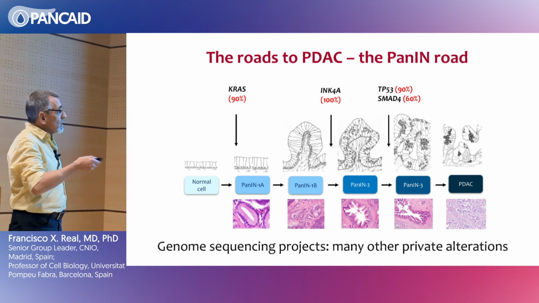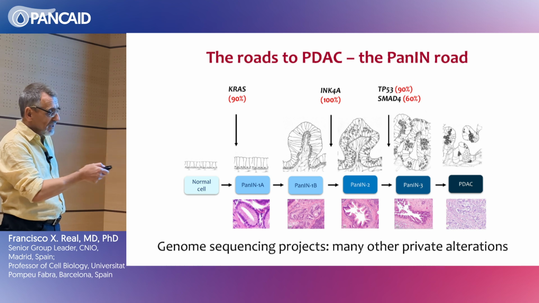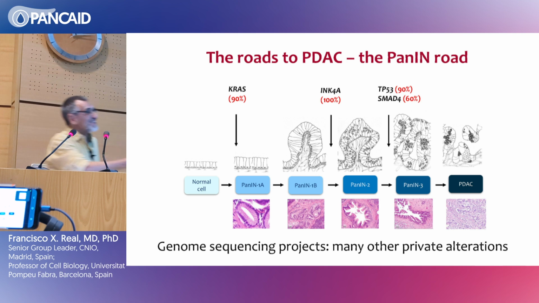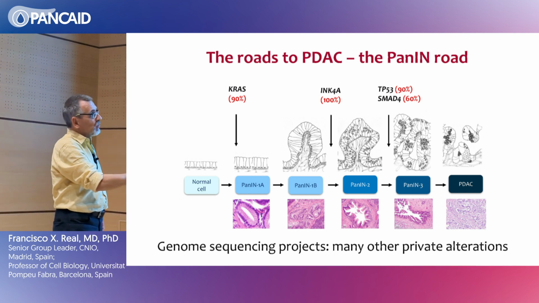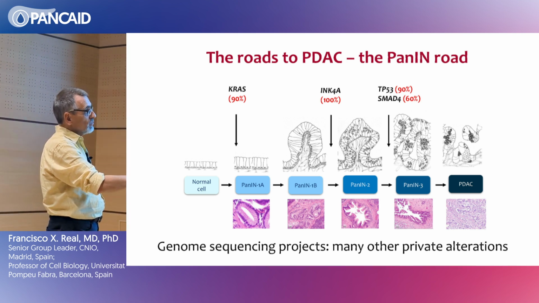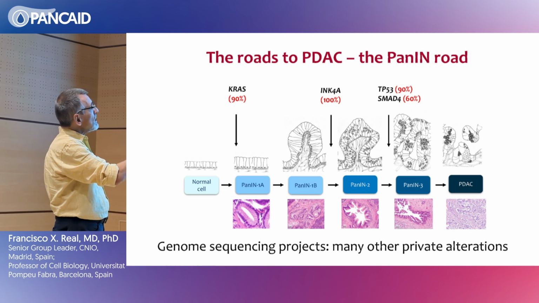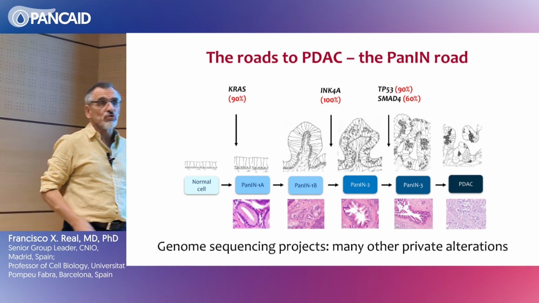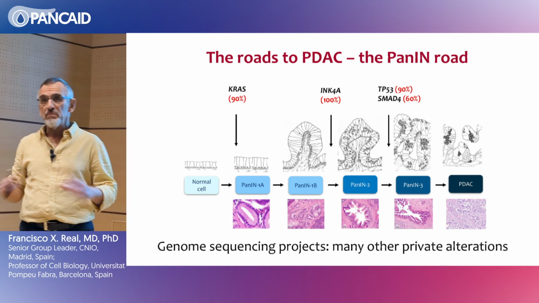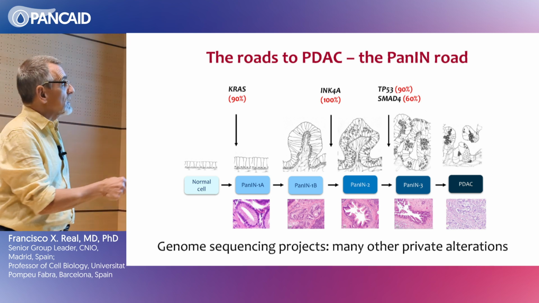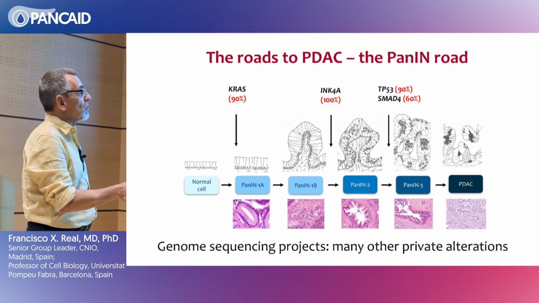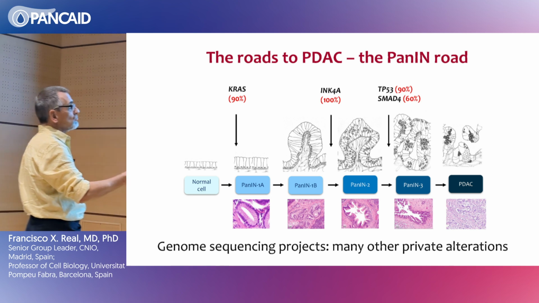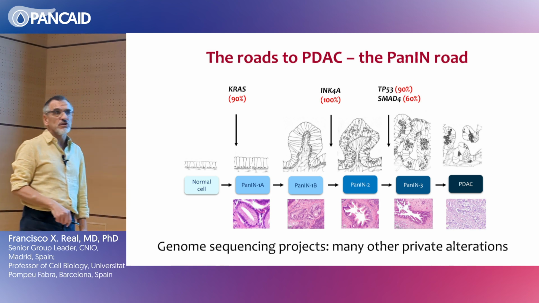What is known has been extrapolated from the study of pancreatic cancers. What you can see here has been learned backwards from studying PDAC samples, and what we know is that in PDAC, 90% of tumors contain KRAS mutations, 100% of the tumors harbor P16 INK4A inactivation through one mechanism or another, and let's say 90% of the tumors contain alterations in the P53 pathway and the TGF-beta receptor pathway.